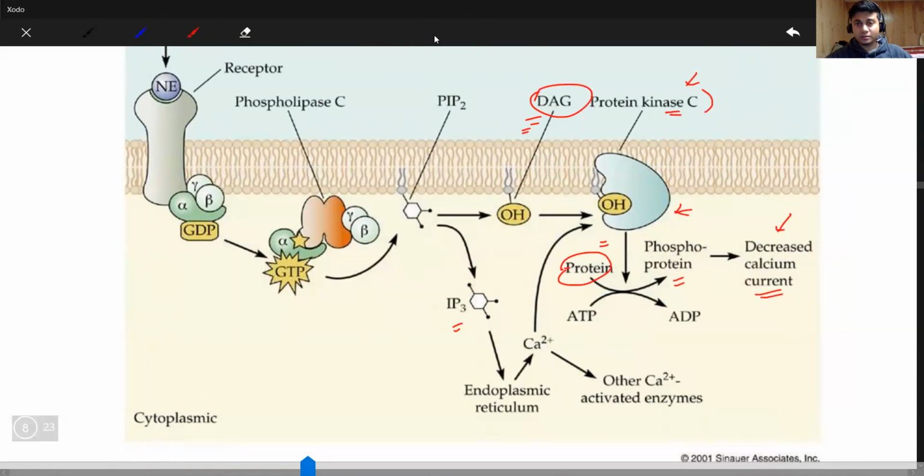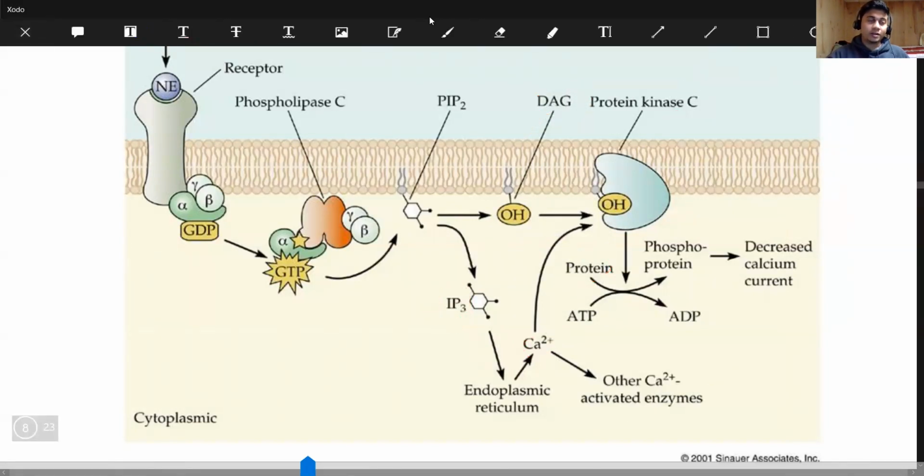On the other hand, IP3 stimulates the endoplasmic reticulum containing the calcium ion. These calcium ions are released, and they also activate this protein kinase C. At the same time, this calcium activates other enzymes.